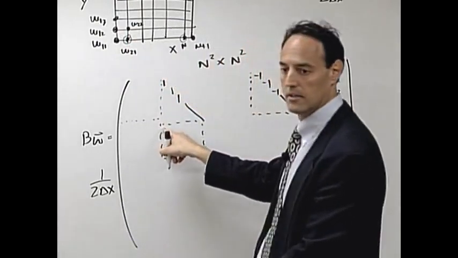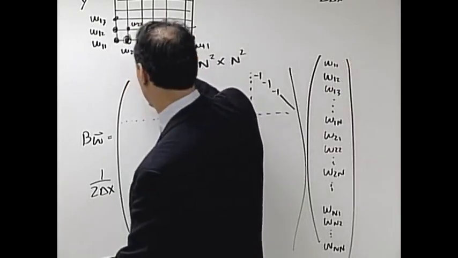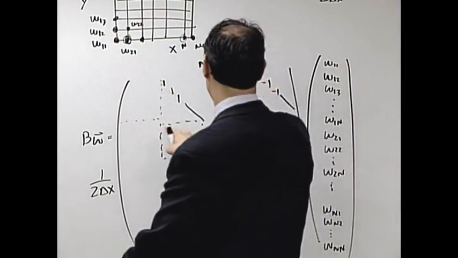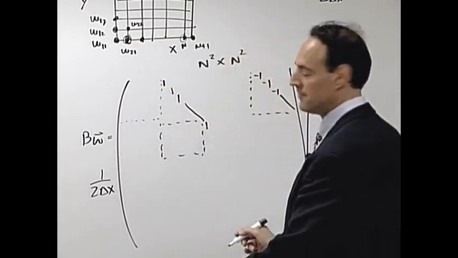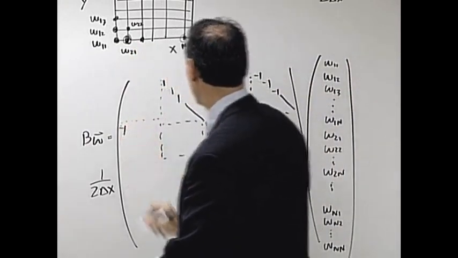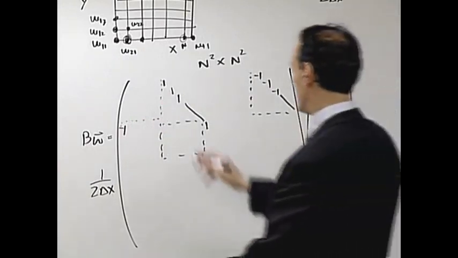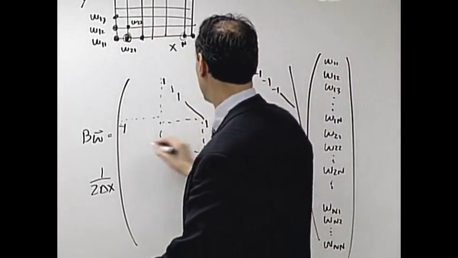Omega 2, 1 is this guy. Who are the neighbors of omega 2, 1? This guy here, which is omega 3, 1, minus omega 1, 1. Well, omega 3, 1, that's there. And then omega 1, 1, that's there. And then the next one up, omega 3, 2, lies on this and this.